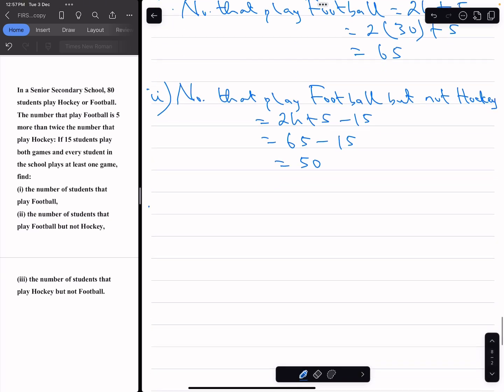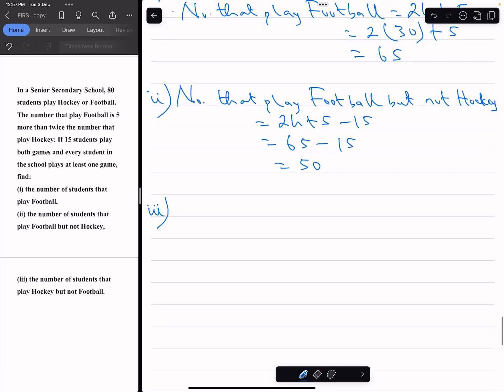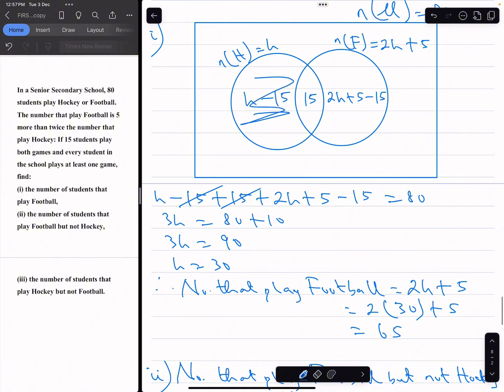Now to the next one, Roman figure 3. Find the number of students that play hockey but not football. That's the number of elements in the set H intersection F complement. Those are the people that will be here.